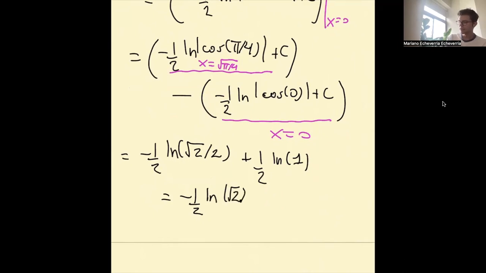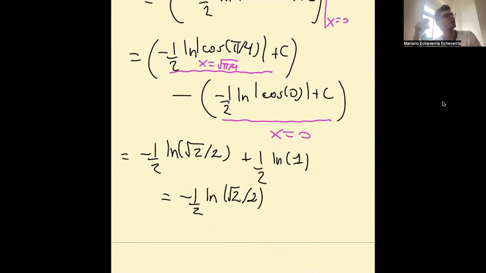Okay, this one you can simplify. I do expect you to know how to simplify this because I am expecting you to remember the natural log of 1 is 0. So that one you should simplify. This one you can leave as it is. There are other ways to rewrite this using the properties of natural log, but that's not too important because we wouldn't know what the natural log of root of 2 or natural log of 2 is.